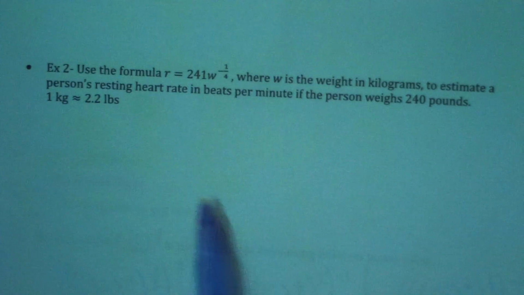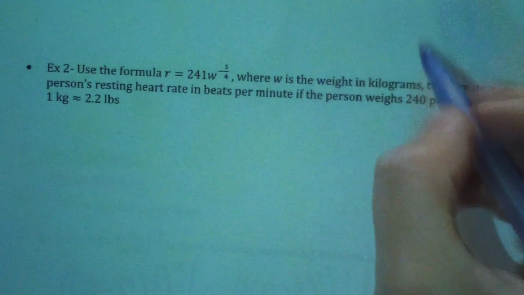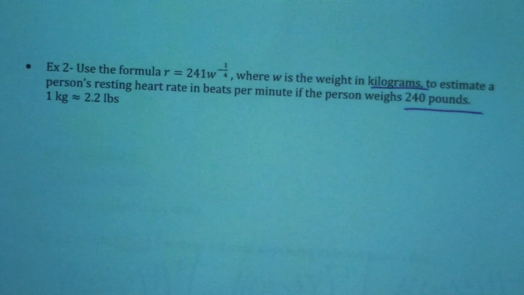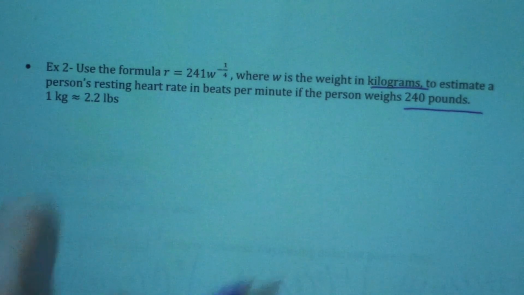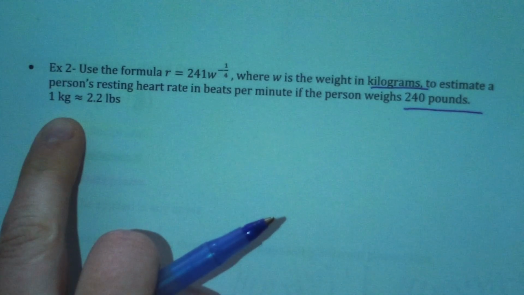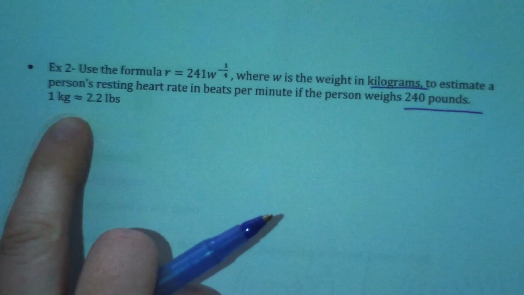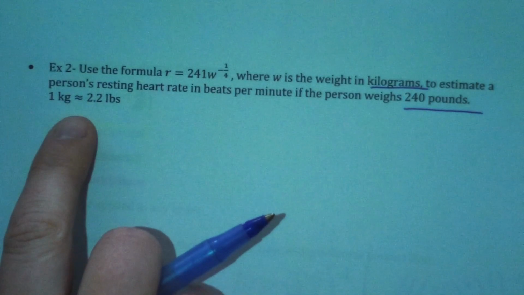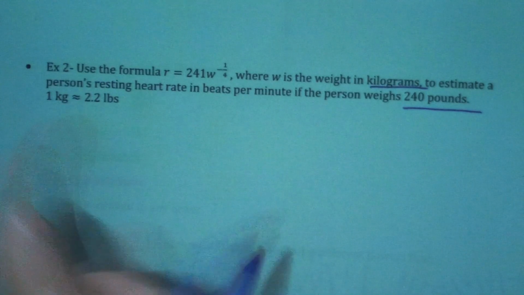Do you remember how I determine what goes on top and what goes on bottom? They do have to cancel out. So what you want to think here is if I've got pounds as a label on the top here, I want my pounds label, the 2.2, to be on the bottom. And my conversion rate for that is equivalent to approximately 1 kilogram there. So I want that on the top.